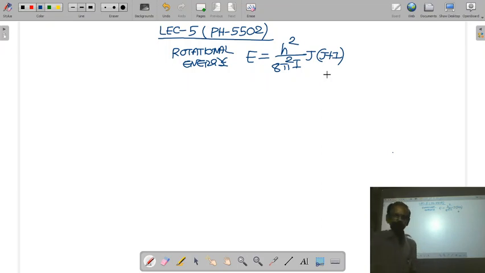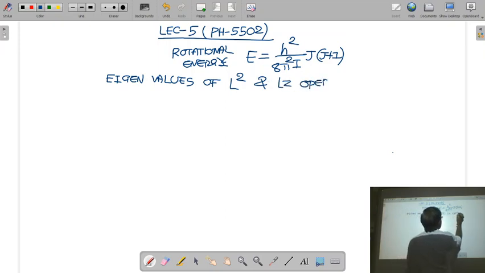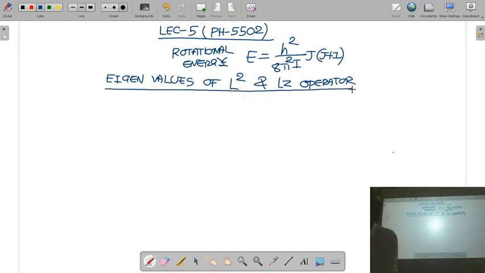In this lecture, we will obtain the eigenvalue of the L square operator and the Lz operator.